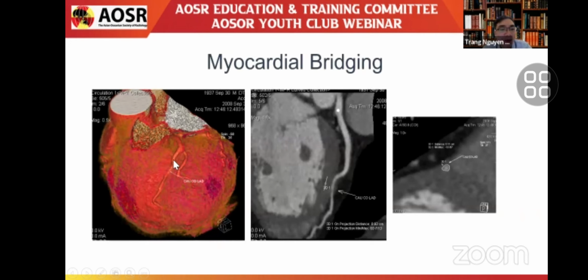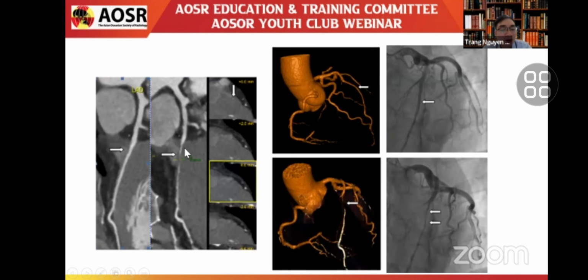Sometimes we can find that the patient has myocardial bridging. That means the pathway of the coronary is compressed by the myocardium here, and this, especially in the end-systolic phase, can cause chest pain, or sometimes can cause ischemia for the patient.